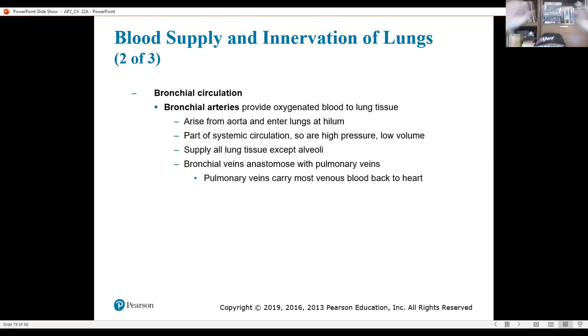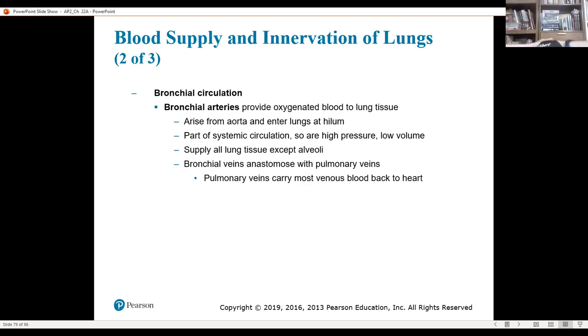Well, that doesn't help the bronchial arteries. The bronchial arteries take oxygenated blood from the systemic side, from the left side, and send it to all the conducting zone, so you can give those tissues oxygen.